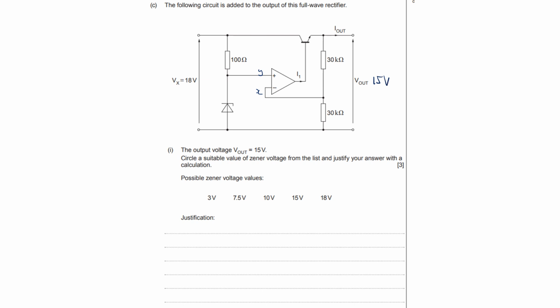I won't call it Vx actually because I'll call it V1. So the voltage there I can work out, V1 equals, we know how to do this, 30 over 60 times 15 equals 7.5 volts. Therefore, Vz has to equal 7.5 volts.